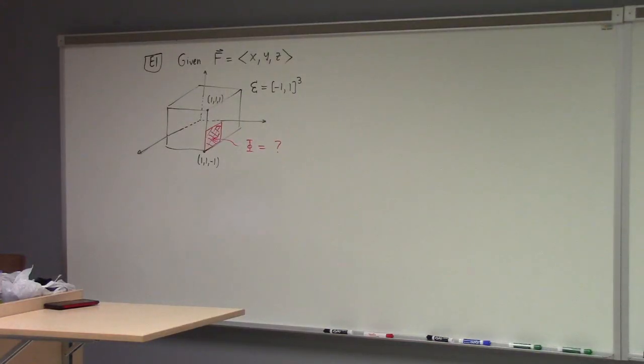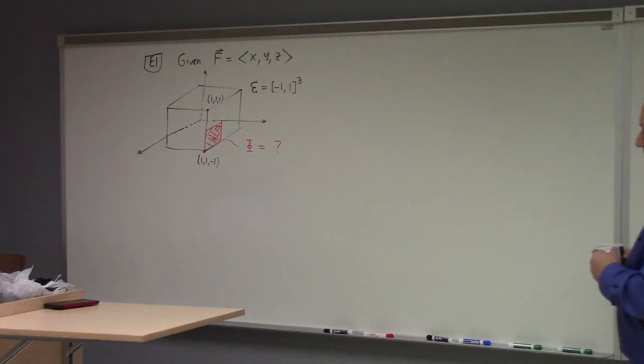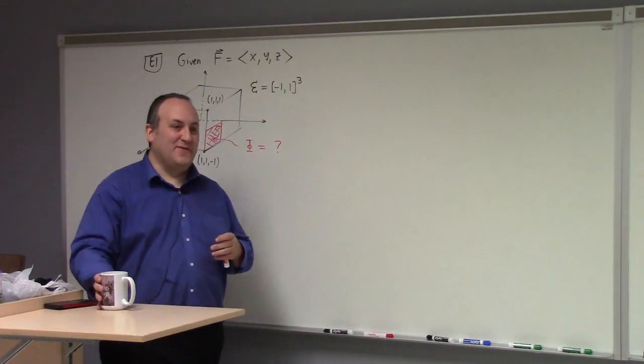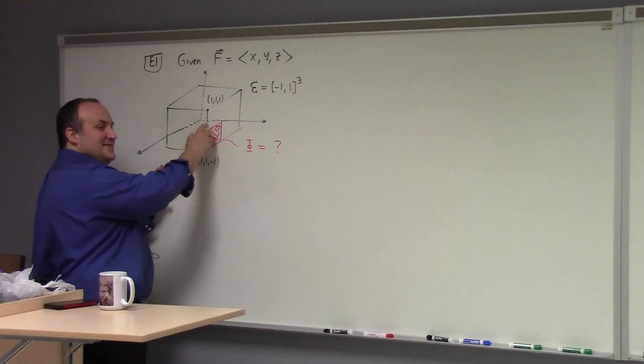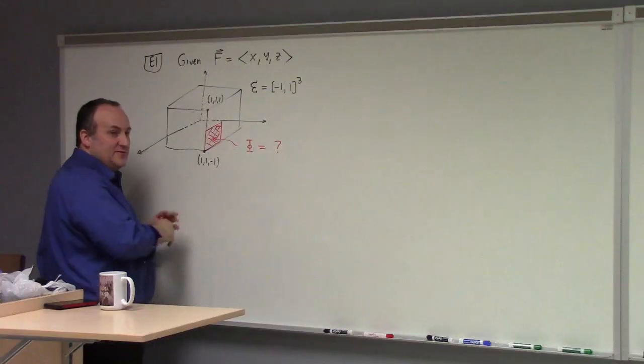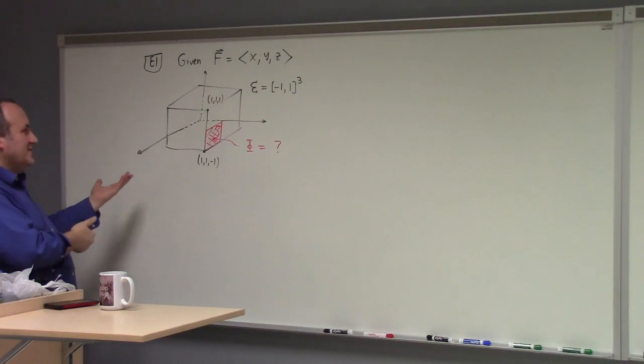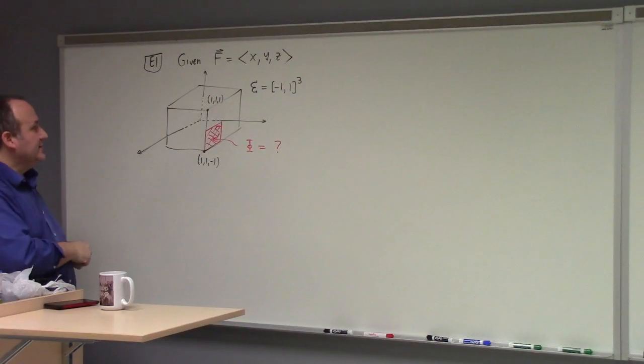And I'm assuming it's like a quarter of that face, yeah? So what do you guys think? First of all, what's the way not to do this? I'll tell you the way not to do this is just to do it directly, right? For sure, parameterizing this little patch and calculating the integral directly, it would be unpleasant. I guess it wouldn't be too bad. I mean, we could do that.